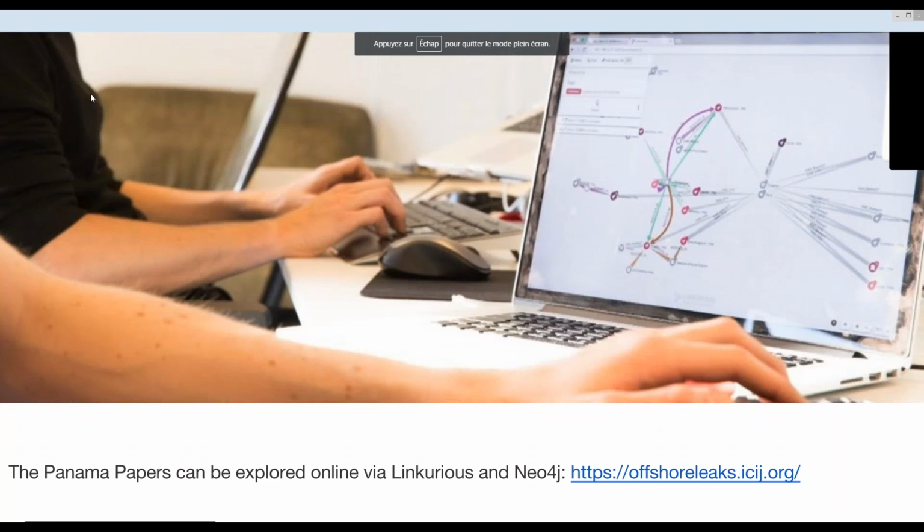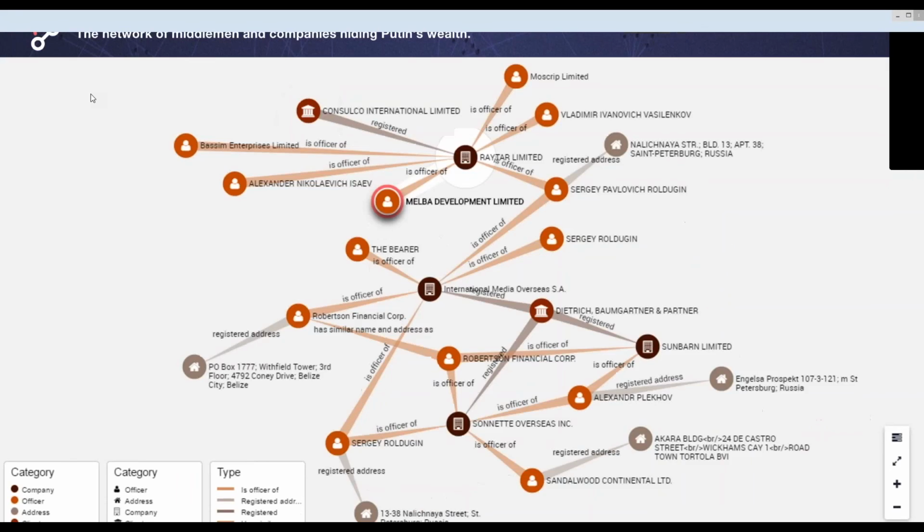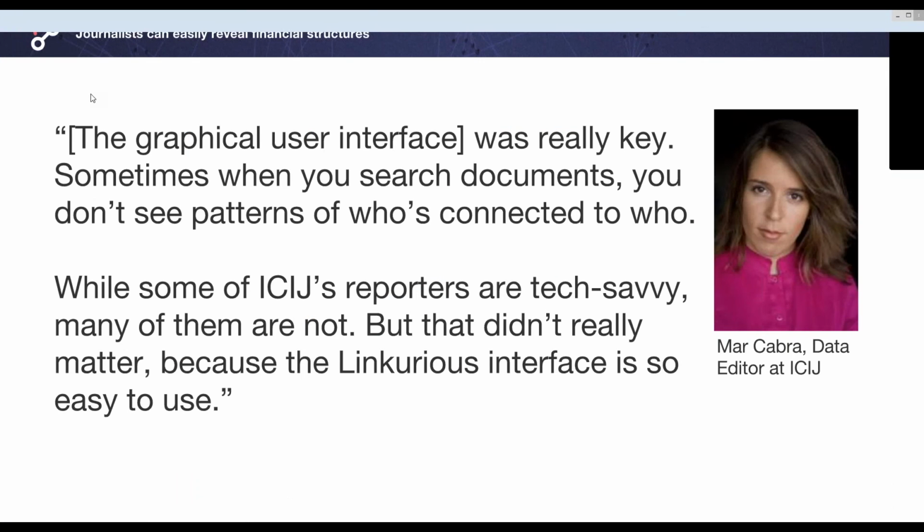So we have seen how easy it is to investigate the Panama Papers data. Linkurious was used by the ICIJ journalists to investigate the data, and here are some quotes from Mar Cabra, the data editor at ICIJ, about the experience. She explains that the graphical user interface was really key.